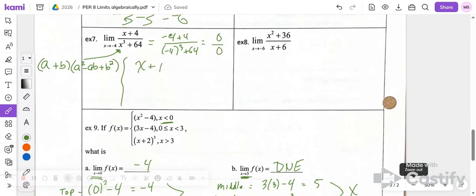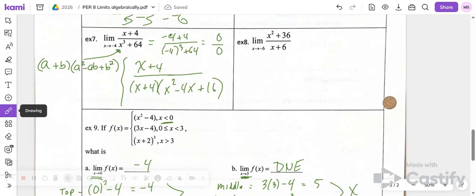So you've got x plus 4 over x squared minus 4x plus 16. Do you need me to go through how to factor that? Yes.